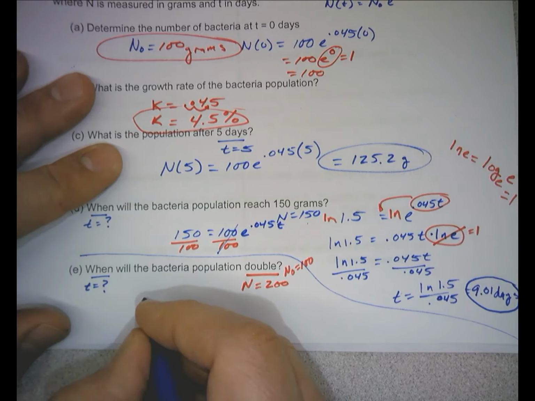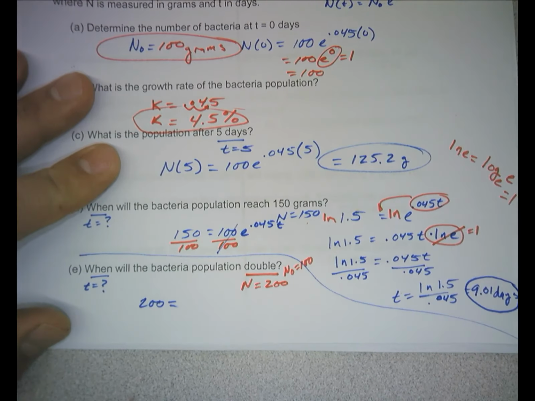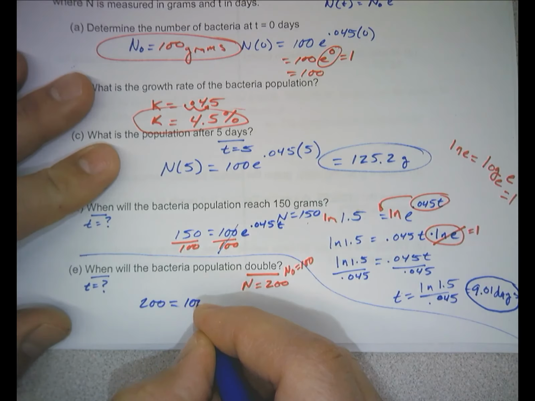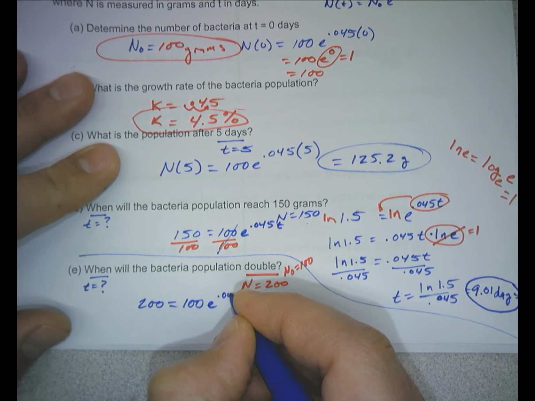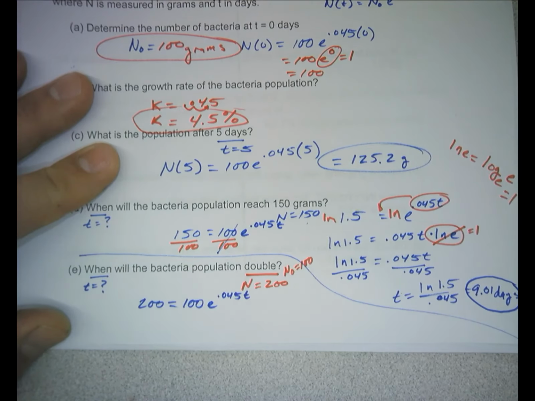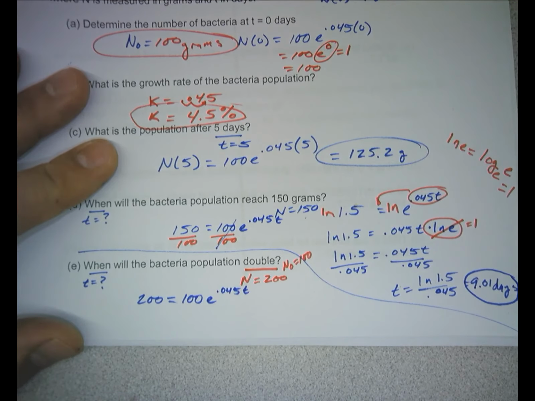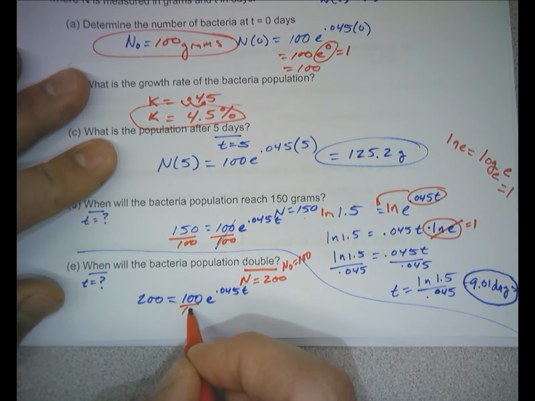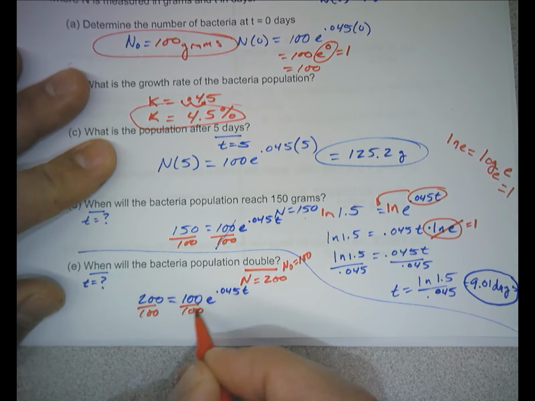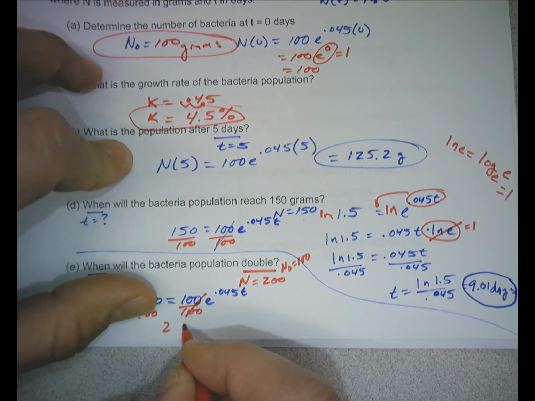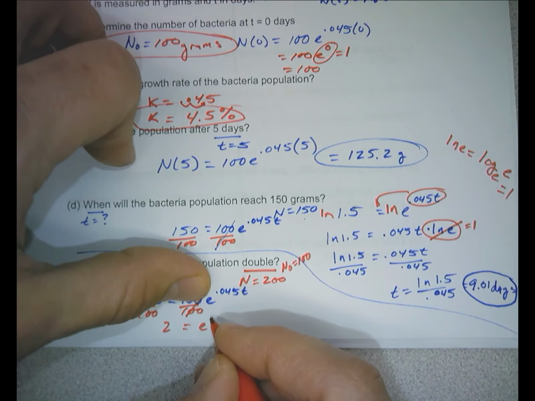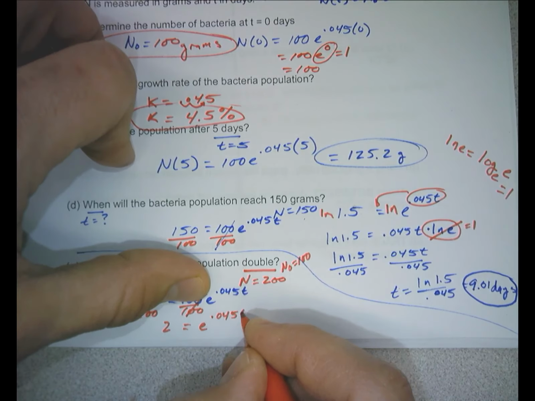So I pluggy chuggy. N is 200. N sub 0 is 100. e to the 0.045t. And then we do the exact same thing. We divide over. This cancels. 200 divided by 100 should be 2 because it's doubled. e to the 0.045t.